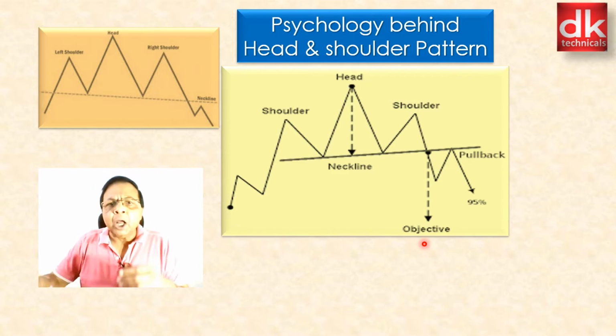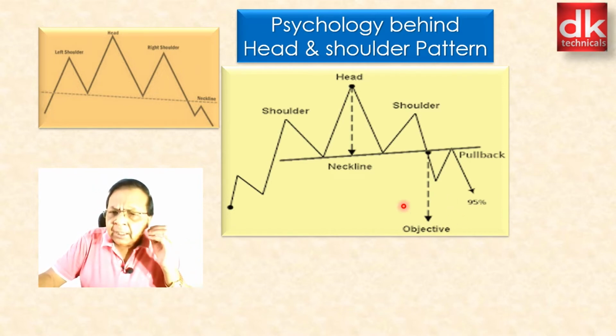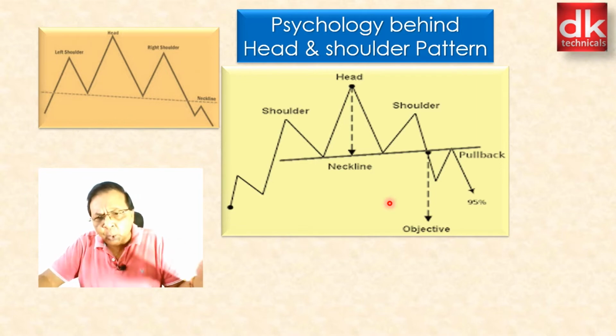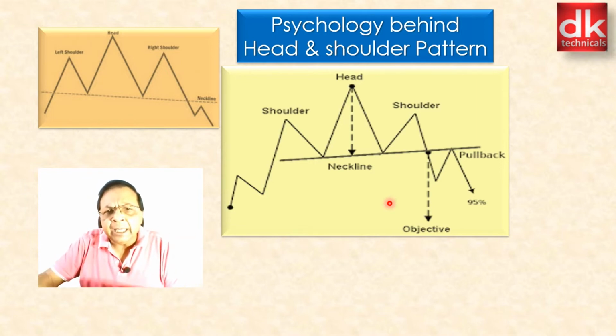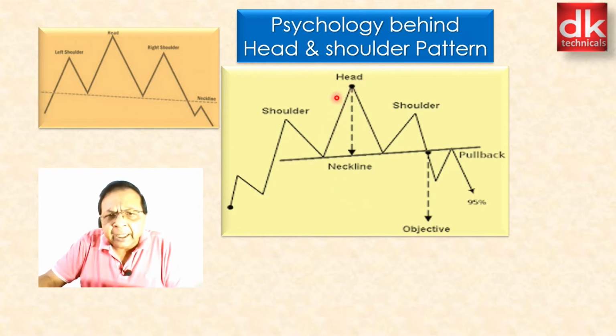So friend, now what should be the target? The target calculation is very simple, which I just forgot to explain in the last pictorial diagram. We measure the distance between the head and the neckline.